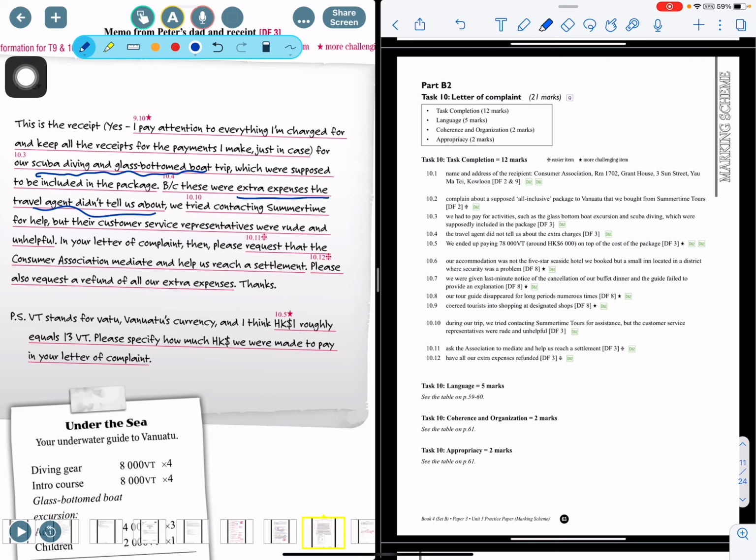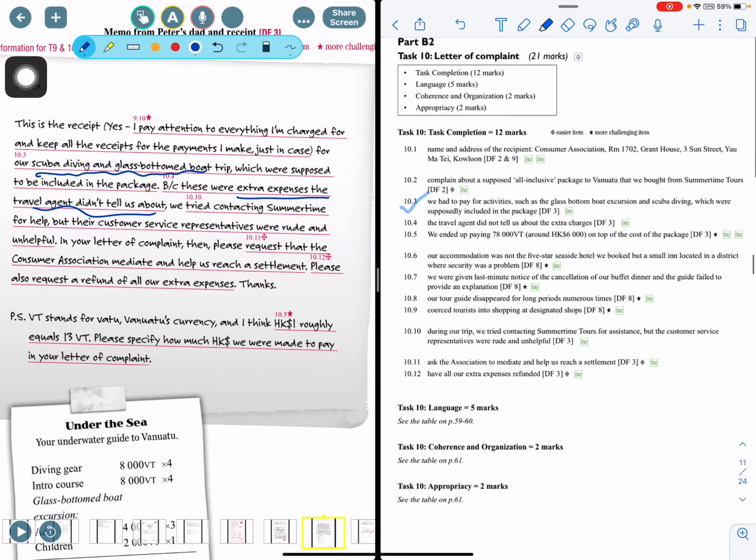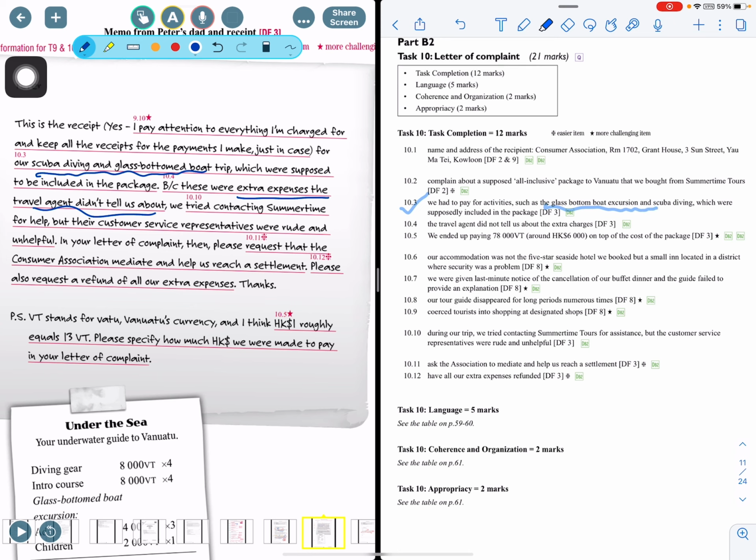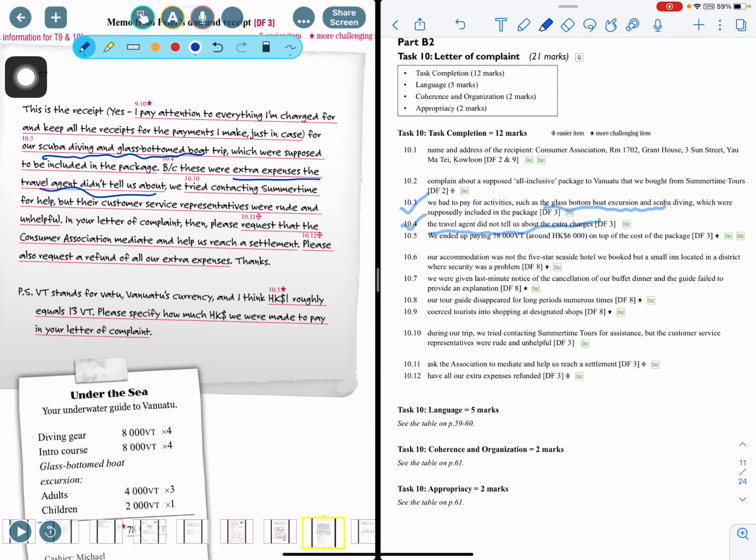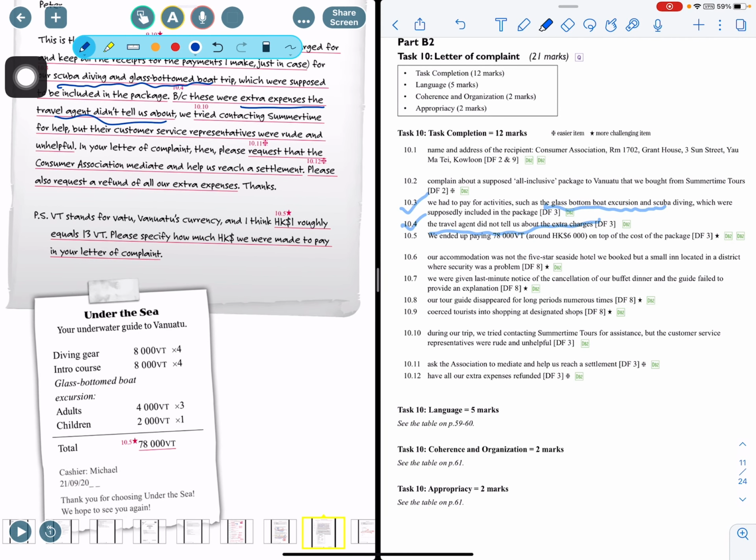You can see this is right here, 10.3, because it's about the glass bottom boat excursion, scuba diving, and the travel agent did not tell us about this. Then 10.3, 10.4, and you also have to talk about the extra expense right here. For the extra expense, you just have to talk about the total amount, because right here it says to specify how much you will need to pay in your letter.